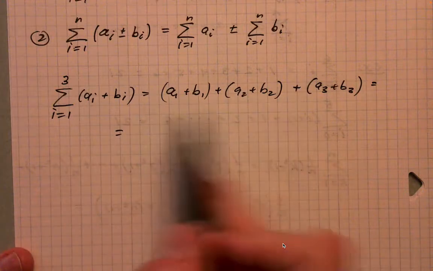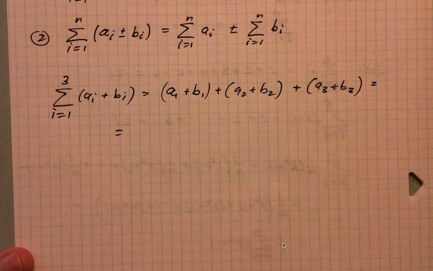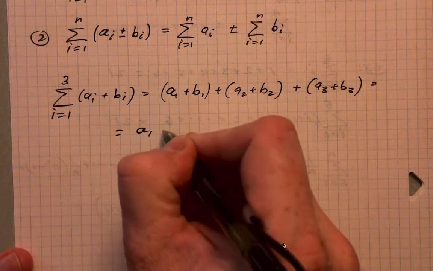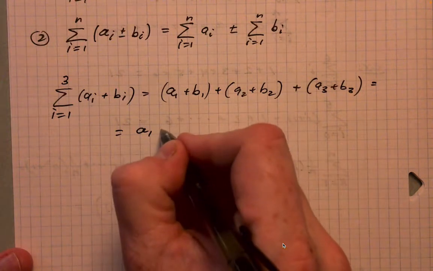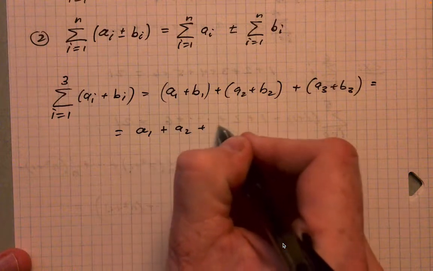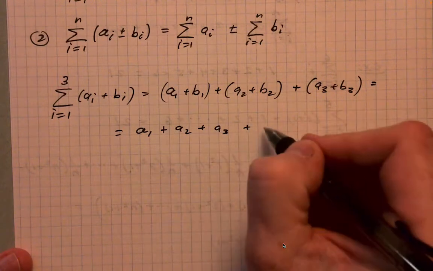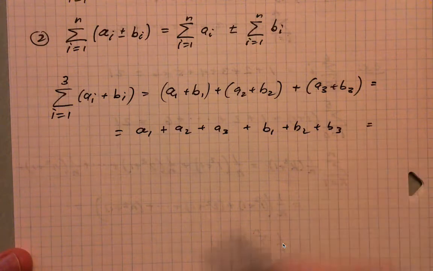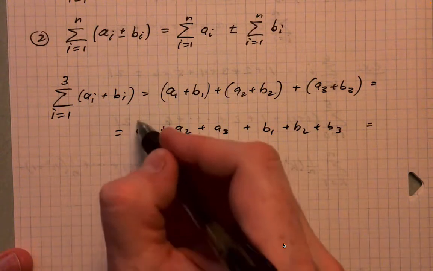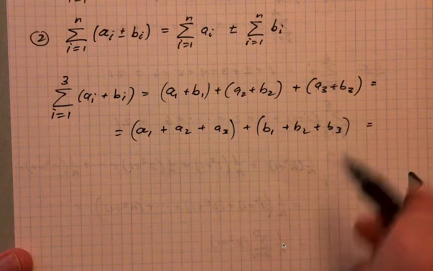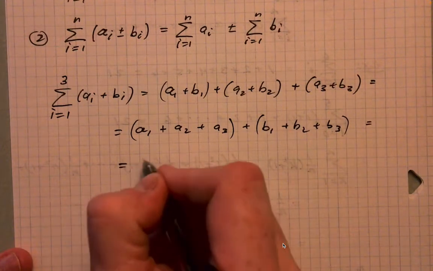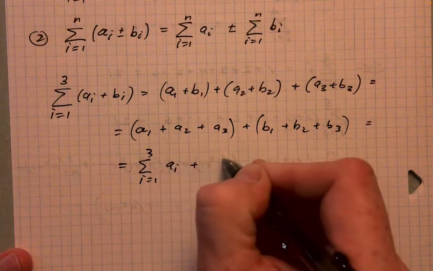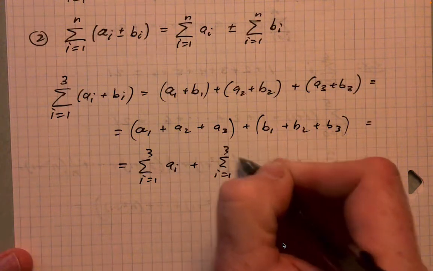And then you can rearrange these, because this is all just addition. You can arrange it as such: a1 plus a2 plus a3 plus b1 plus b2 plus b3. Then of course you can group these like that. And that's what leads directly to the sum from i equals 1 to 3 of ai plus the sum from i equals 1 to 3 of bi.